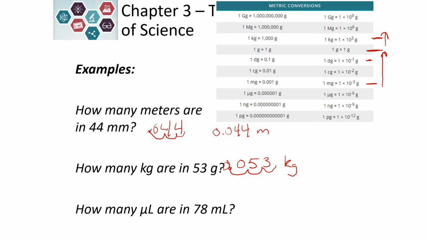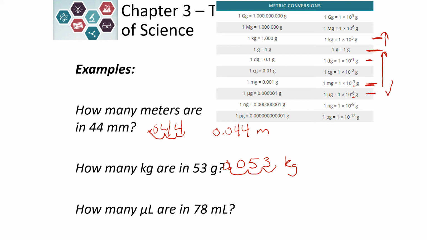And microliters to milliliters. So microliters to milliliters is 1,000 times different because we have a 6 and we have a 3. So it's 1,000 times different.